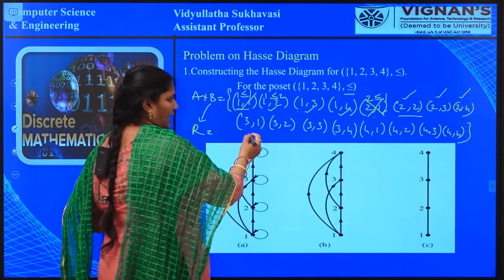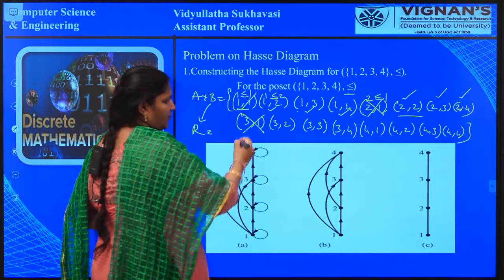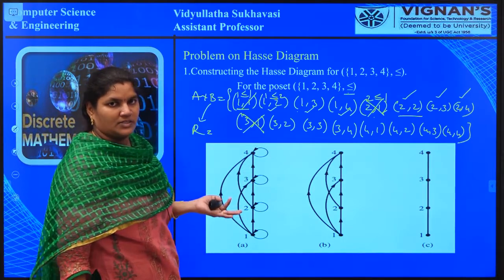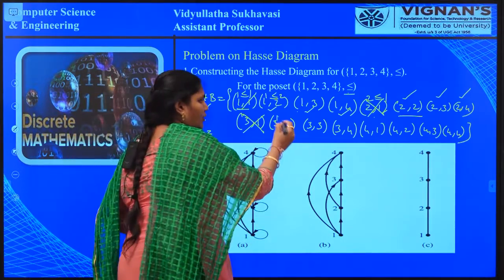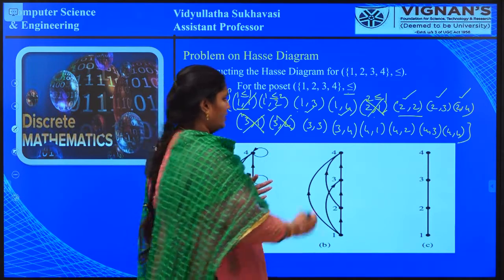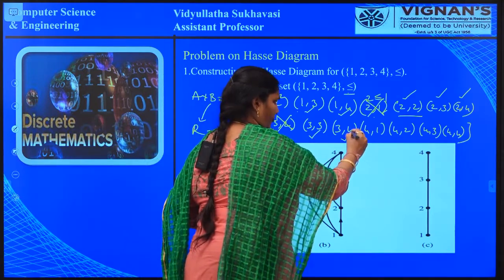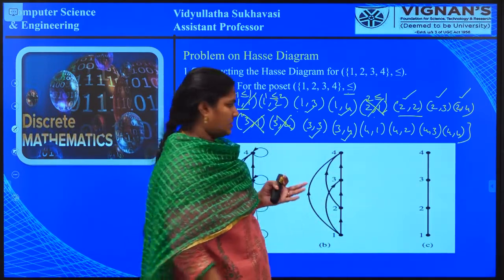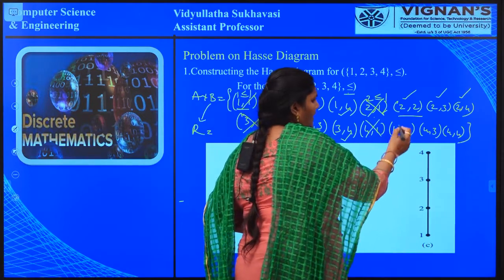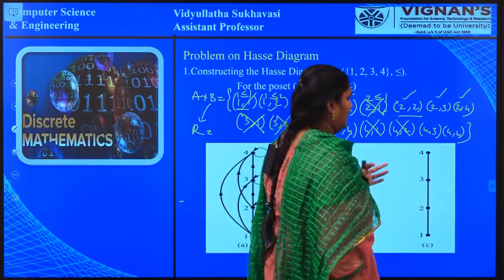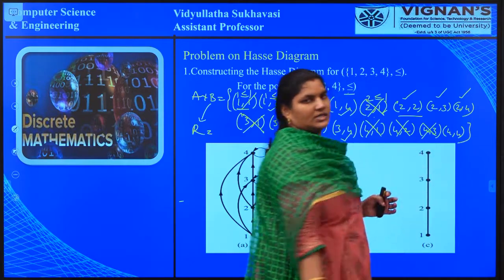Next 3, 1, which is not satisfying the condition, will not be present in the relation R. Next 3, 2 is also not satisfying. So 3, 3 will be there, 3, 4 will be there. Next 4, 1 will not satisfy, 4, 2 will not satisfy, and 4, 3 also does not satisfy.